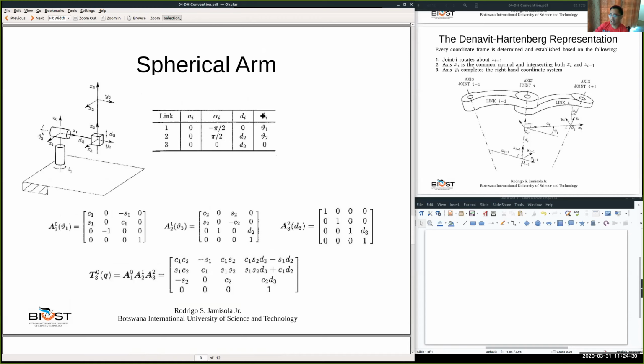Okay, so a spherical arm is called a spherical arm because the motion of the end effector mimics a motion of a sphere. Like you create a sphere, you go through all the points in the sphere.